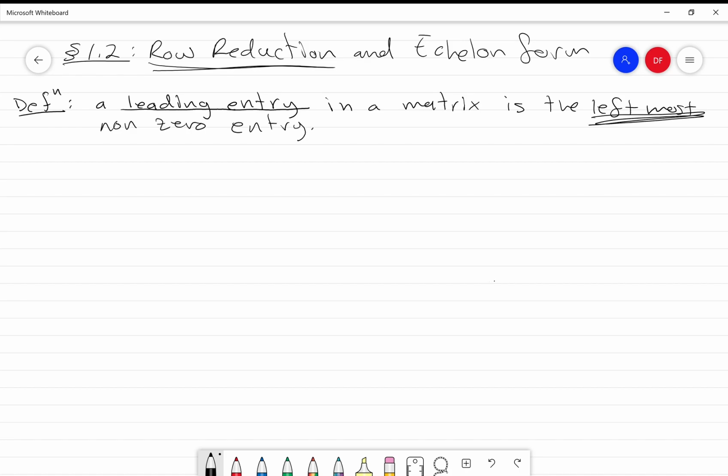What does this word leftmost mean? It means the one that's the most to the left. Okay, so we'll see what that means.